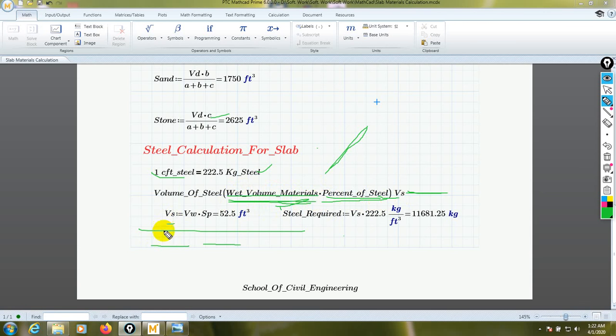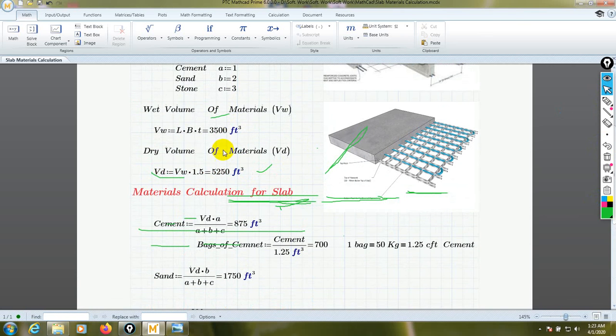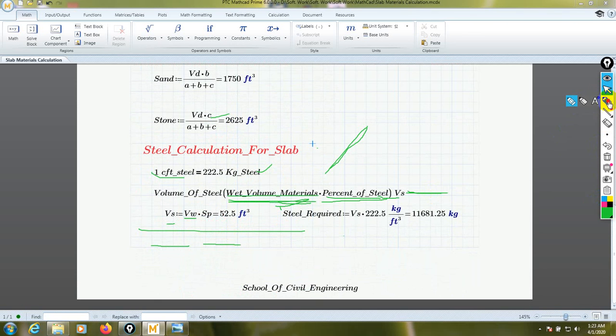So VS, the volume of steel, equals VW, the wet volume, into SP, the percentage of steel. Our wet volume was 3500, so 3500 into 1.5 divided by 100.